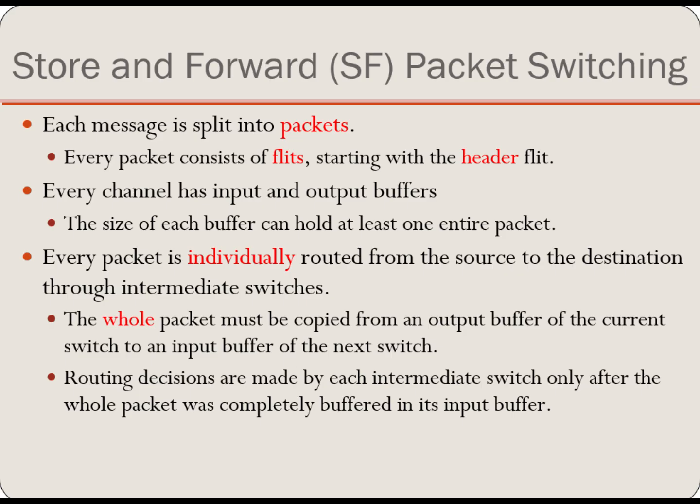The input buffer can store a message that comes in. The output buffer is used to store a message waiting for the output link. The size of each buffer needs to be big enough to contain the whole packet. Packets are delivered individually from the source through intermediate switches.